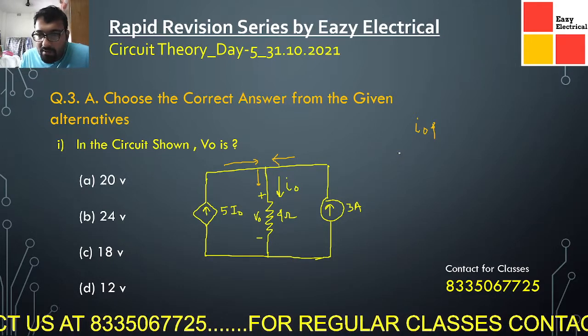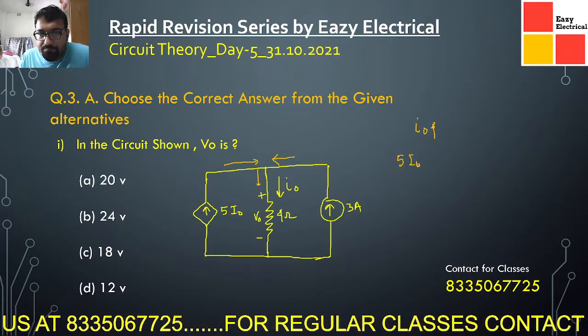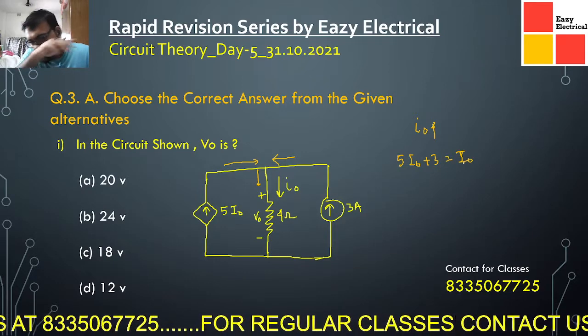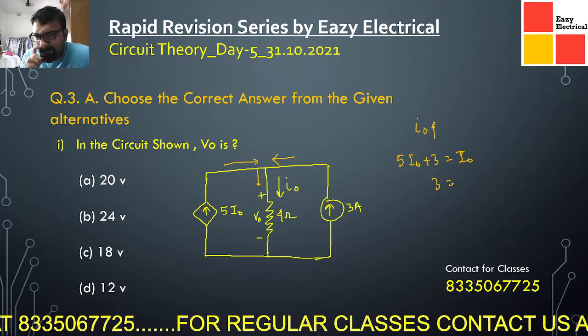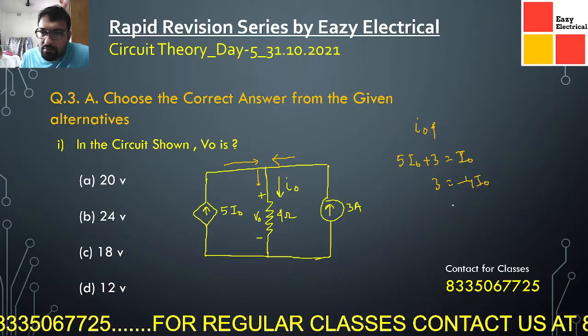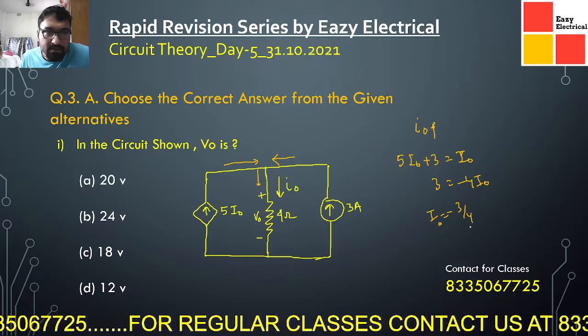So you can write one more thing, that is 5 I naught plus 3 equals I naught. So here we can write like this: 3 equals minus 4 I naught. So I naught will be minus 3 by 4.